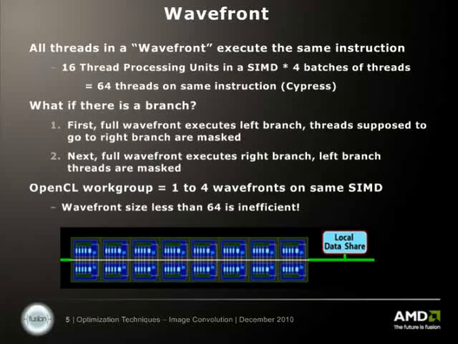That is equivalent to having one, two, or four wavefronts per work group. So if you have a work group size of 256 in OpenCL, that will translate to 4 different wavefronts on our hardware. And if you create a work group in OpenCL, all the wavefronts that belong to that work group will execute on the same SIMD.